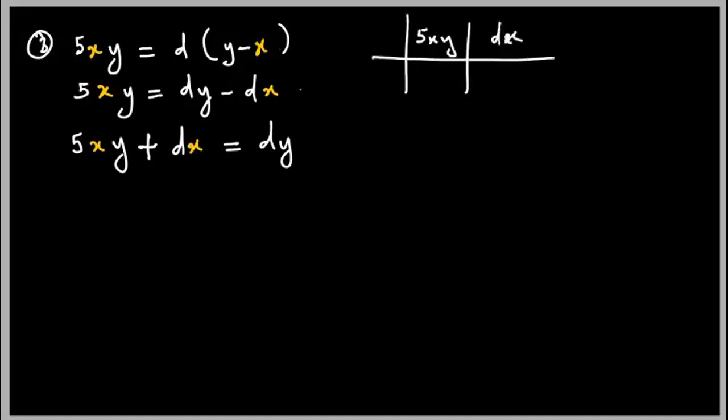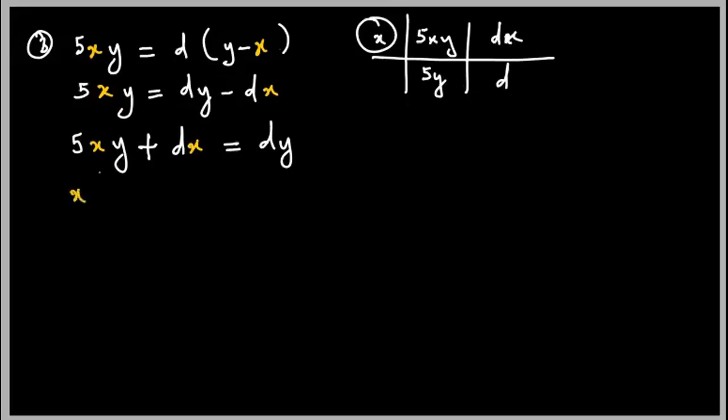I think what can divide at the same time here is x. X divide 5xy is 5y. X divide dx, that's d. What can divide at the same time here? Nothing. So we stop, and our HCF is x.